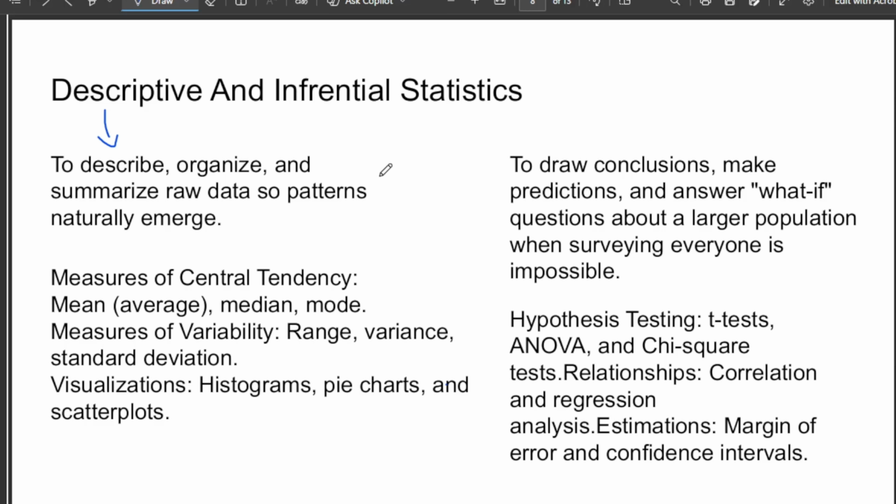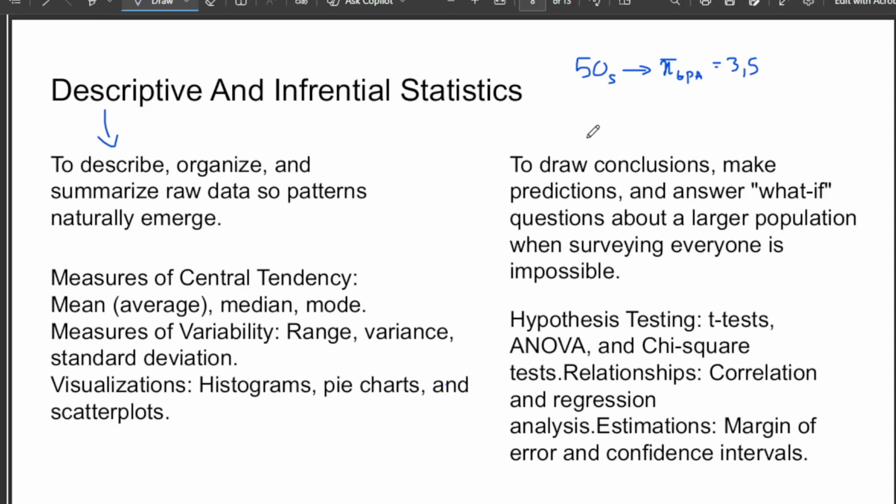So let's say we measure 50 students, and we get an average GPA of 3.5 in the 50 students. So this simply describes those 50 students, right? So that's descriptive. Okay.